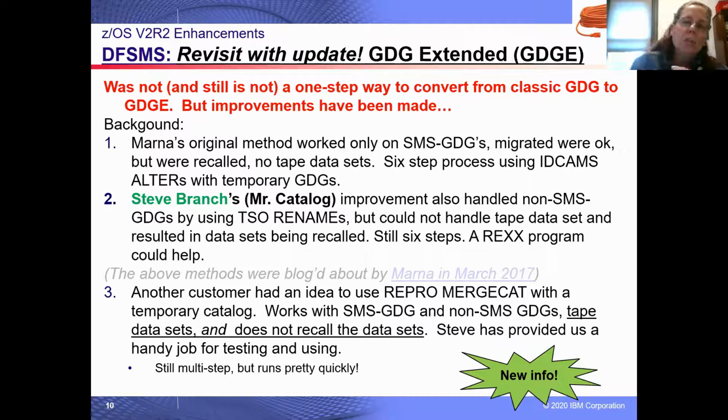But my original method would only work on SMS managed GDGs. If they happen to have been migrated, that was okay, but they were going to have to be recalled. Ooh, yuck. And it couldn't handle tape data sets. So I'm going to admit to you, my original method was not good. I didn't like it at all, but it was a method that I had come up with. And I had some use cases where they were SMS managed, not migrated, and not tape data sets. With that consideration, it worked all right.